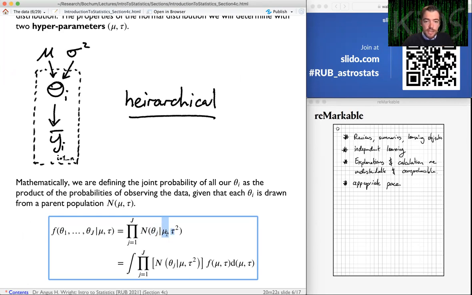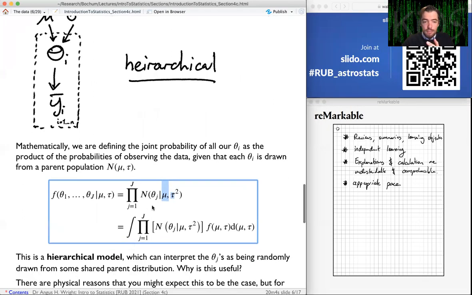So you're iterating the parent variables. You're modifying the parent parameters, mu and tau. And then you ask the question, what is the likelihood of observing the thetas that I observed at each school given these parent populations? And that's then this marginalization over the parent distribution, which is this f of mu tau.